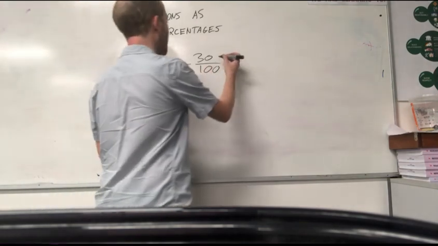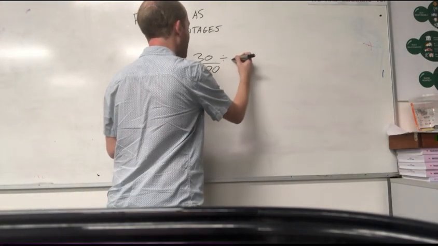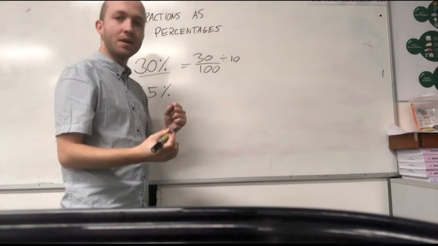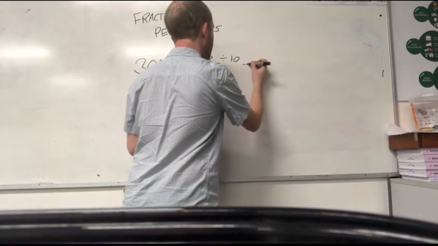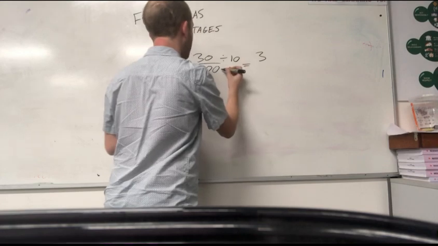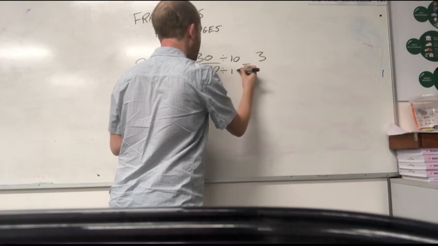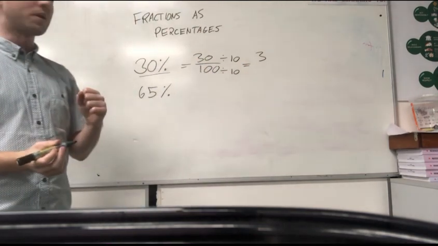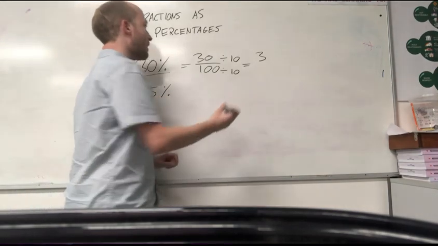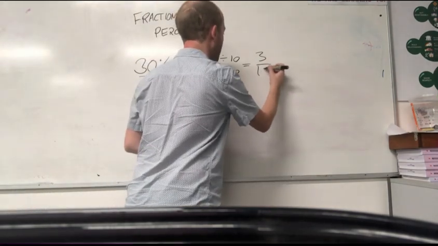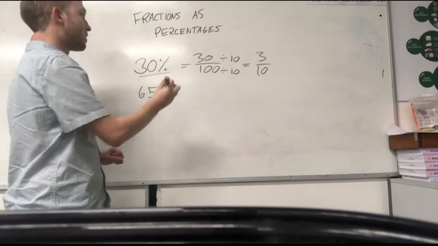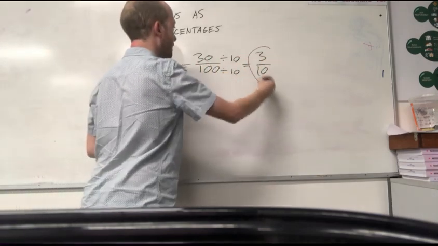So I'm going to do that right now. 30 divided by 10 gives me 3, and 100 divided by 10 gives me 10. So my final answer for this one, 30% is equal to 3 over 10.